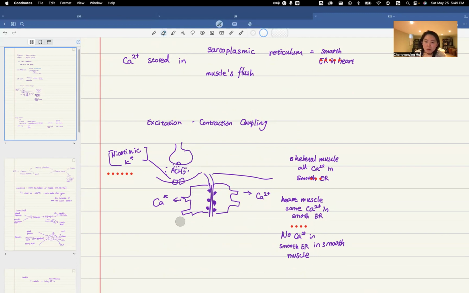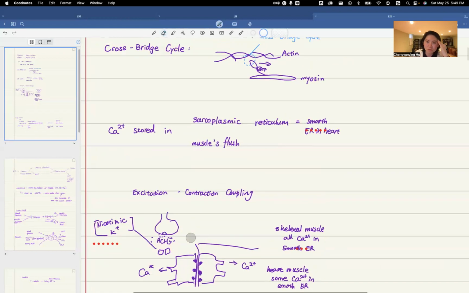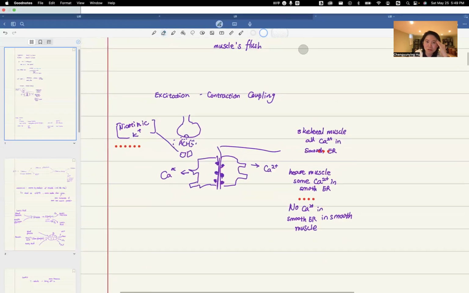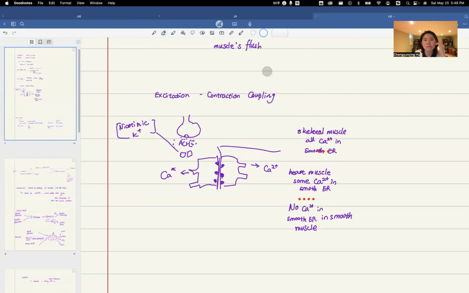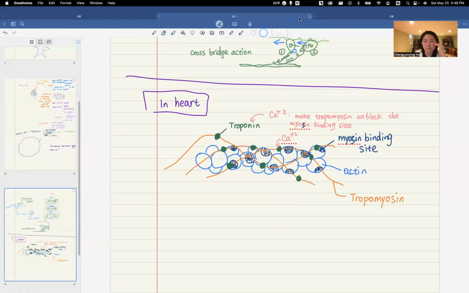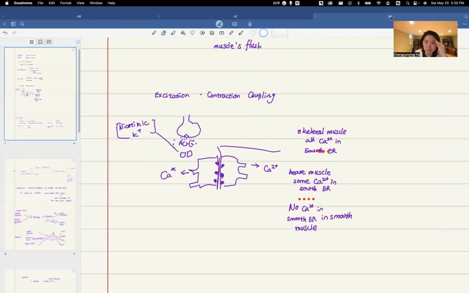And calcium will further help remove the orange line, that's called tropomyosin, revealing the myosin binding site, and myosin binds to this binding site and performs contraction.